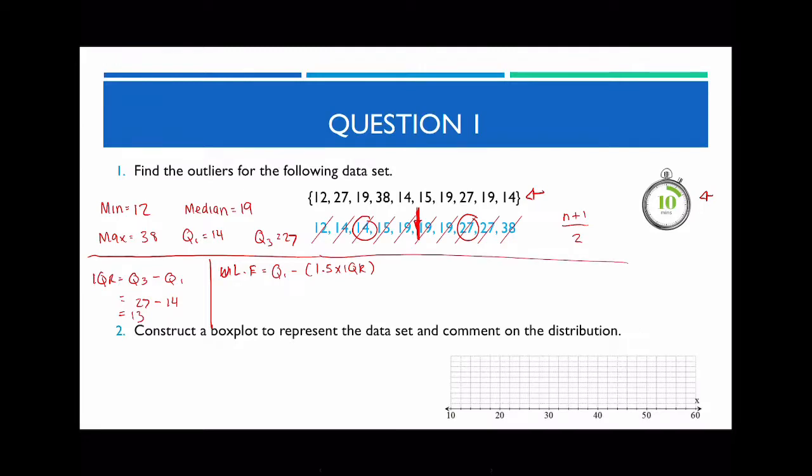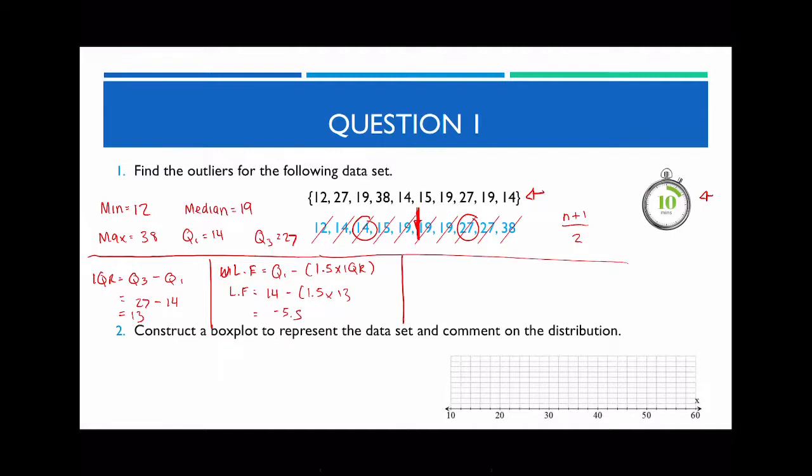Therefore, lower fence is equal to Q1, which is 14, take away 1.5 times 13. If you put this into the calculator, you should get an answer of negative 5.5. After you've calculated the lower fence, please refer back to the data set to see whether there are any numbers below this number. In this case, there are none, so that means there are no outliers below the lower fence.